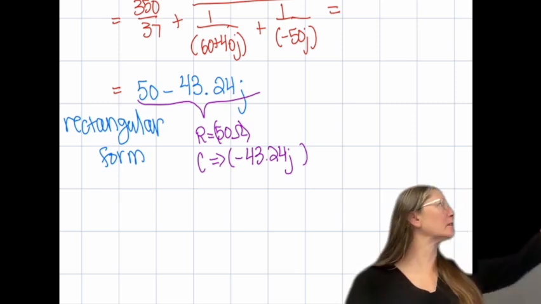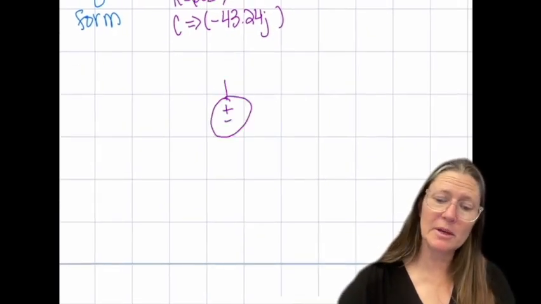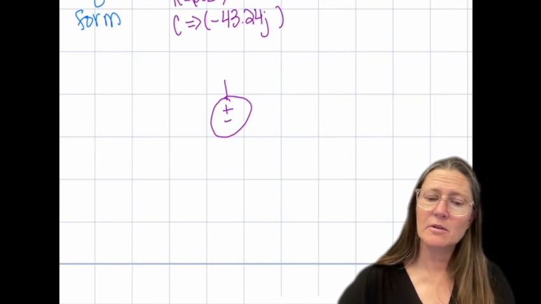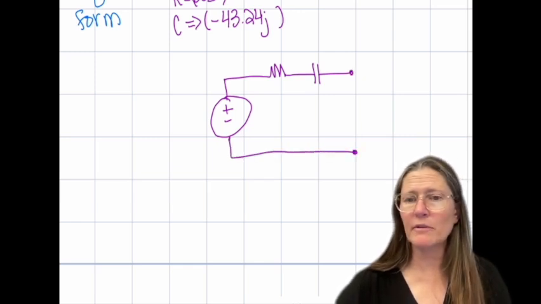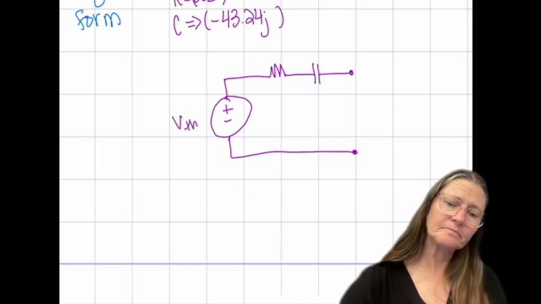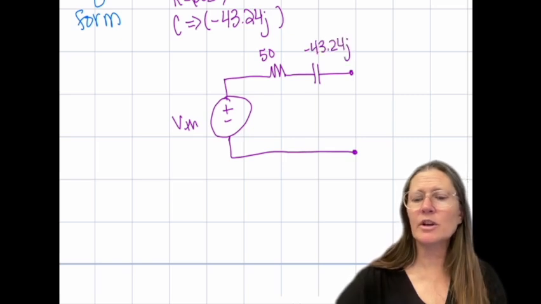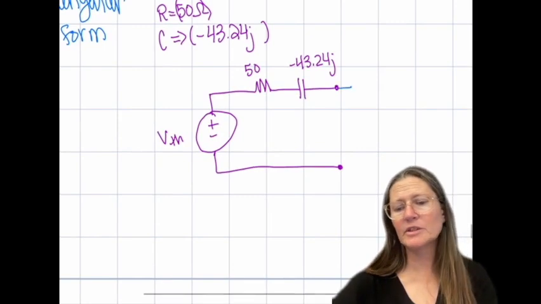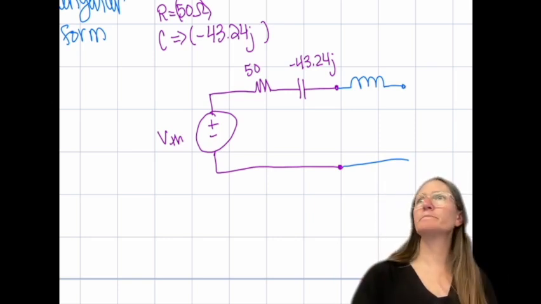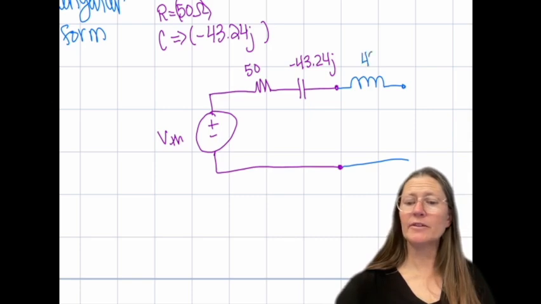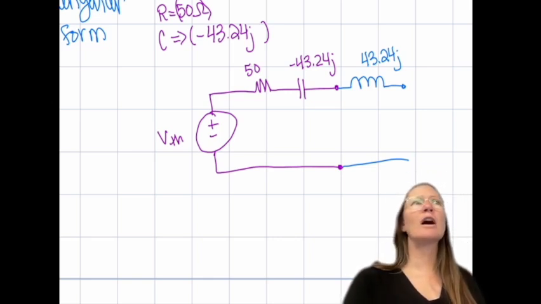Let me show you what I mean by this. If this is our equivalent model for whatever system we have, I can actually get rid of the complex portion by just adding on an inductor before whatever else I want on there. If I put it at this same exact value, it compensates and removes that complex component.